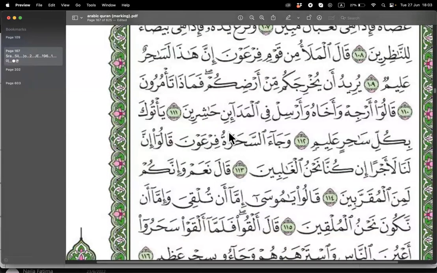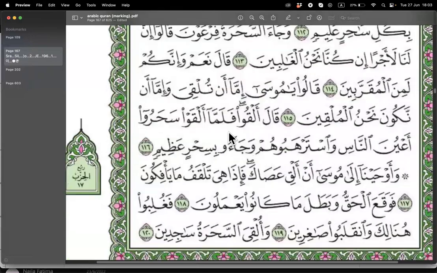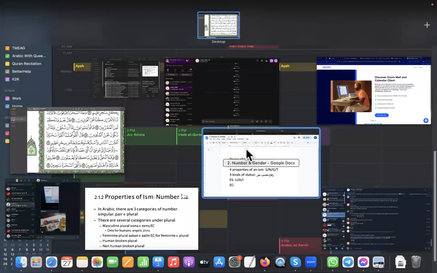And then, for example, if we have azimin here, is it ending sound? Yes, no combination, no ani, no una, no ina. So yes, ending sound. What's the status here? Rafa, nasab, or jar? Jar. Yes, good.